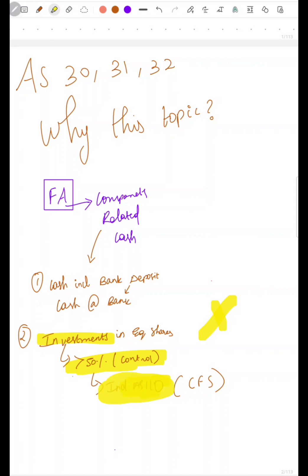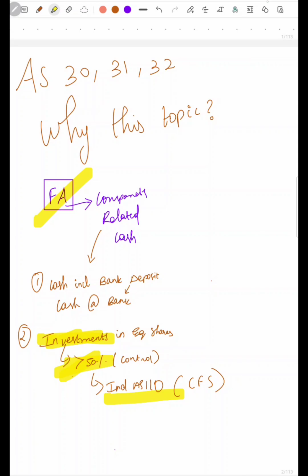So Ind AS 110 is consolidation, we'll talk about it later. Fine. So if you have purchased some equity shares and it's less than 50%, then it's a financial asset. More than 50%, it comes under Ind AS 110. That will be covered later, but now if it is less than 50%, we call that an investment.